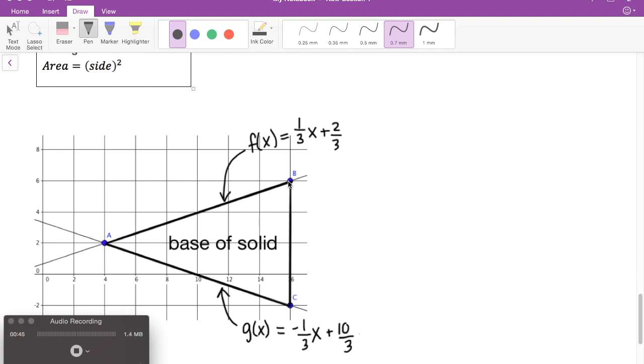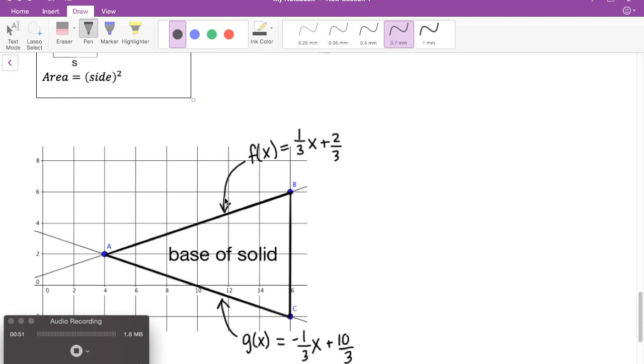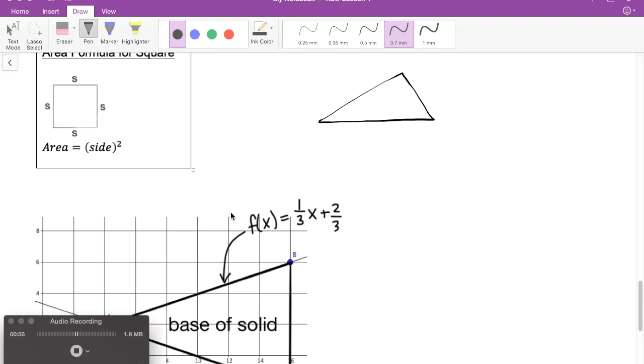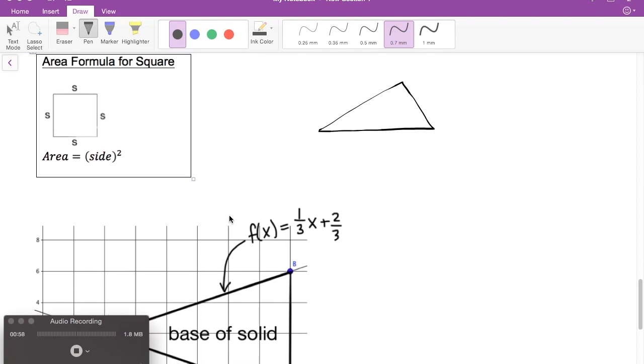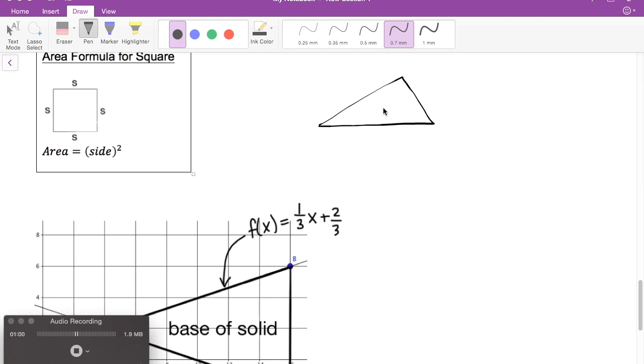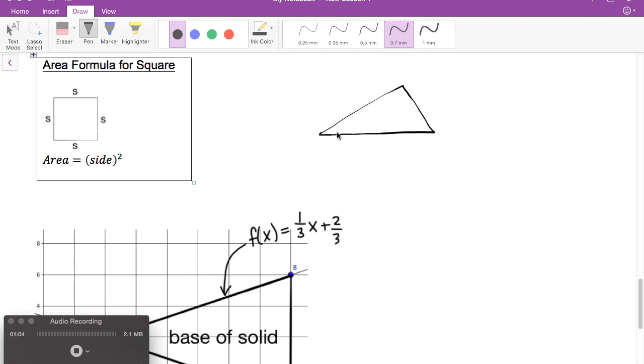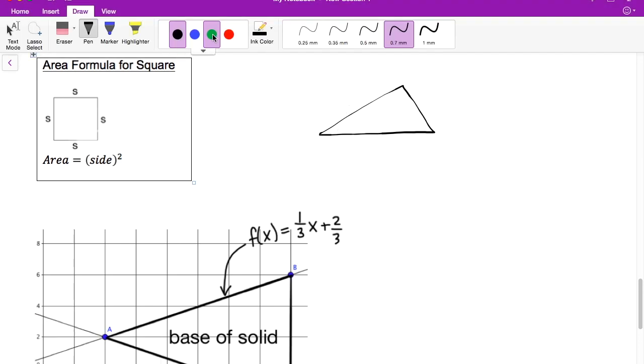In this case, this is function f, which gives us the length of the side of the base of the solid, and g of x gives us this side of the solid. So just as an attempt to draw what this prism could possibly look like, here I've drawn the base a little bit angled just so we can draw the cross section.